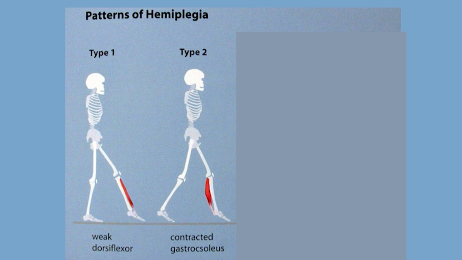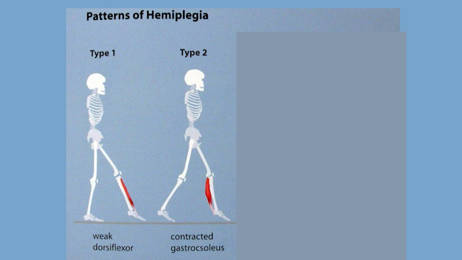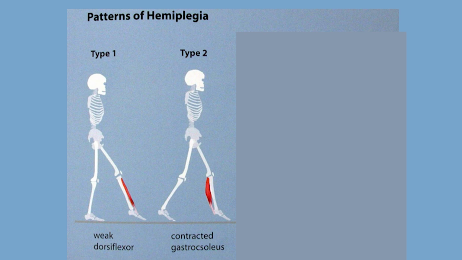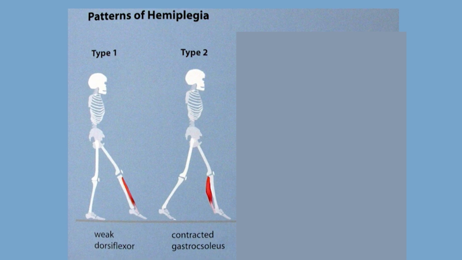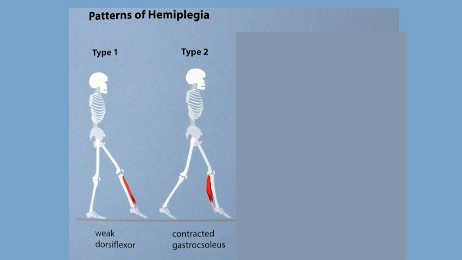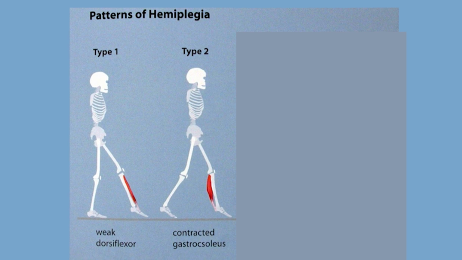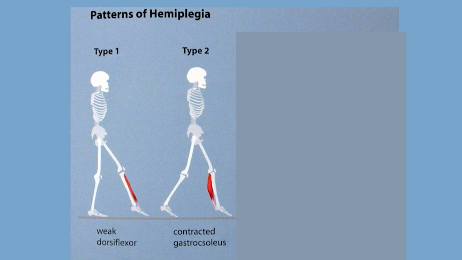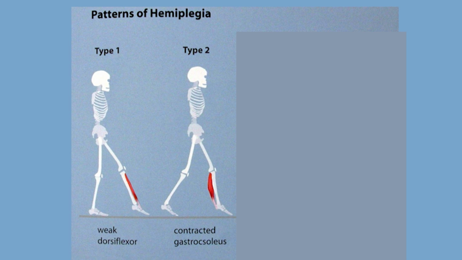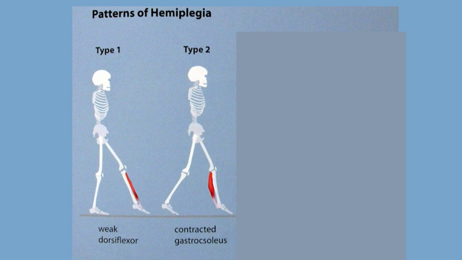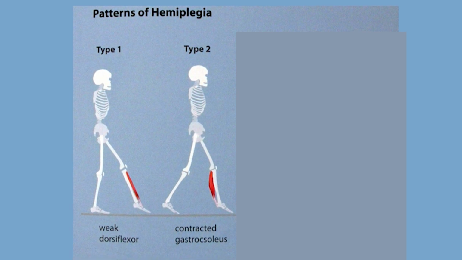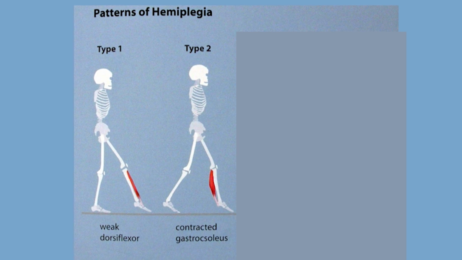It's really important to know that type 1, if not treated properly, can cause gastrocnemius contracture, and it will become difficult to differentiate between type 1 and type 2. This is important because when secondary gastrocnemius contracture in type 1 is treated, it does not treat the weakness of the ankle dorsiflexors, and the patient still needs to wear an AFO after the surgery.